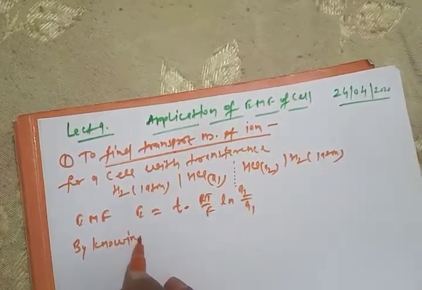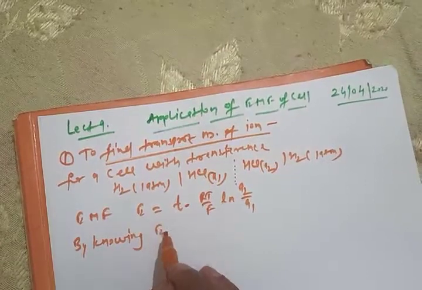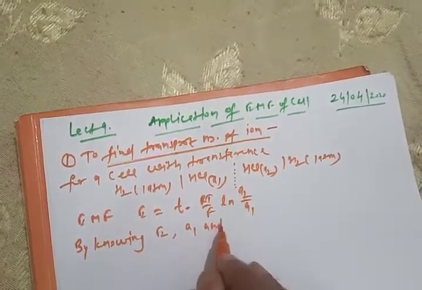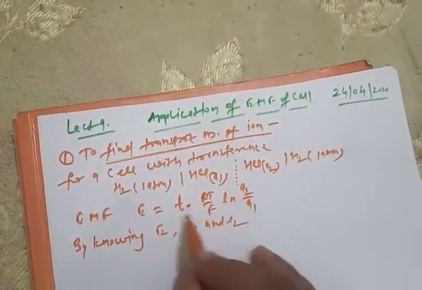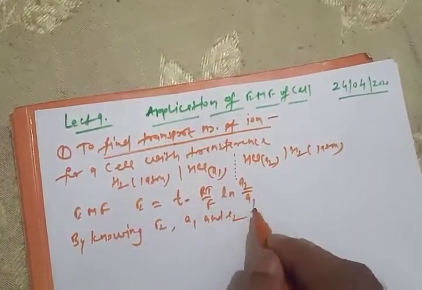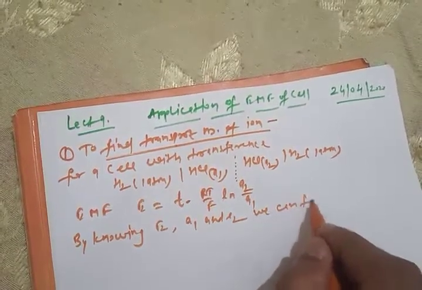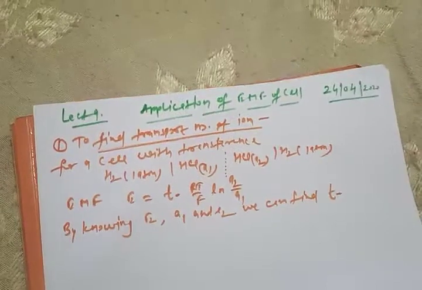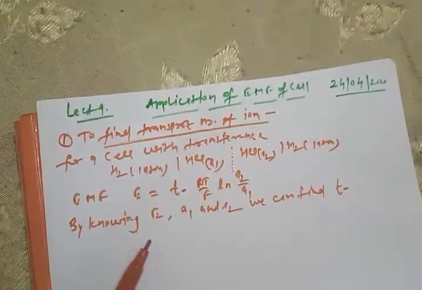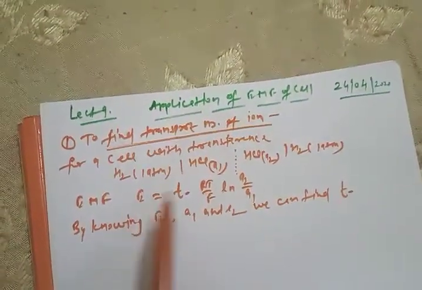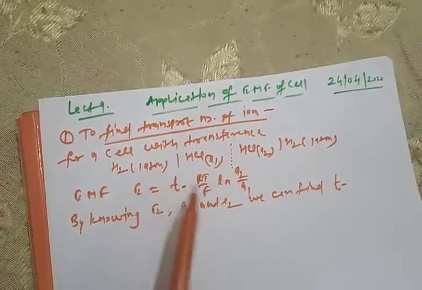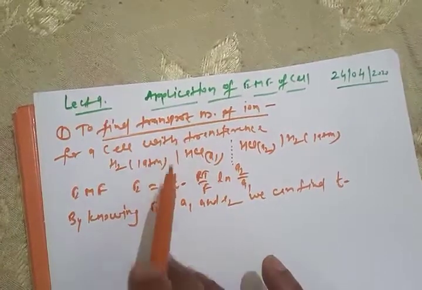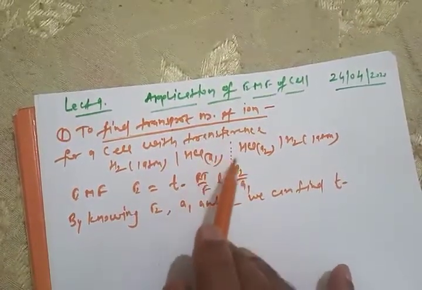By knowing the EMF of the cell, E, and the activities A1 and A2, we can easily find t minus. So this is a very simple application. Got it? We have used transport number only in this case, the electrolyte concentration cell with a transference.